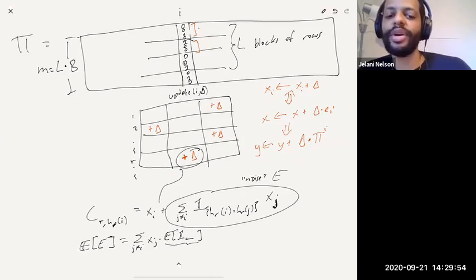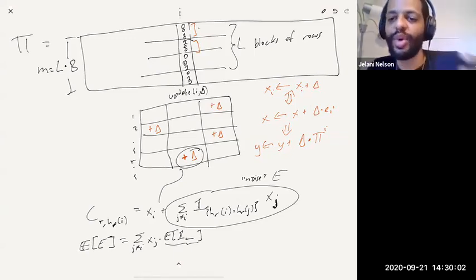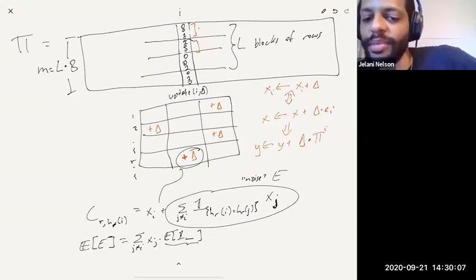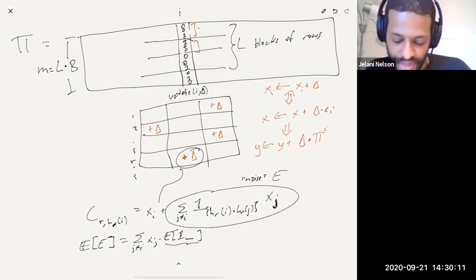Whether or not I and j collide depends only on where I and j got hashed to. It doesn't depend on anyone else. So I just need that when you look at two items at a time, their hash images look uniformly random. So that's two-wise independence. So what's the probability that these two things collide? This is equal to 1 over b.